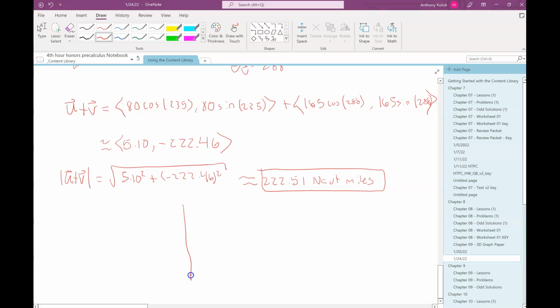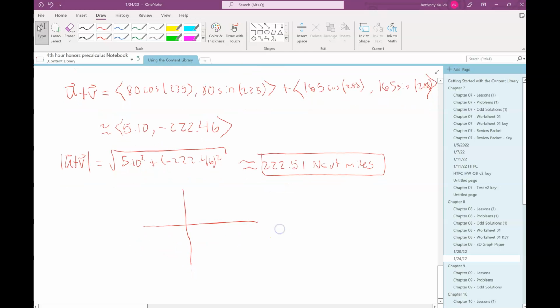And then to find the direction, I'm going to plot the point 510 and then negative 222 over. What I want is this angle. In that case, this spot is my alpha, and the x-axis part of alpha is at 360. So I can say theta is 360 minus alpha, where alpha is going to be the tan inverse of the absolute value of the y over x.